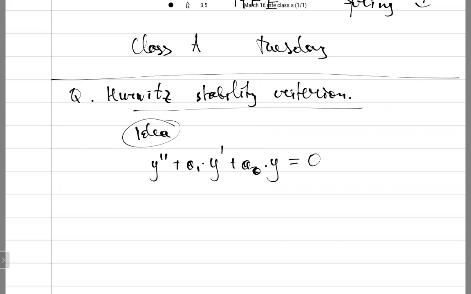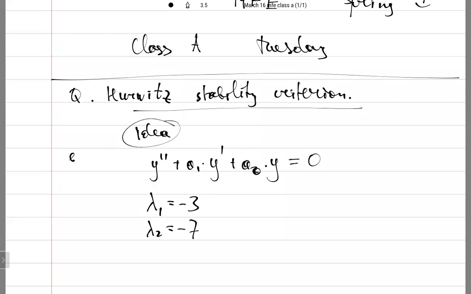And imagine I give you the roots of the characteristic equation. I say that root 1 is -3, and root number 2, because I have a second order differential equation, is -7.